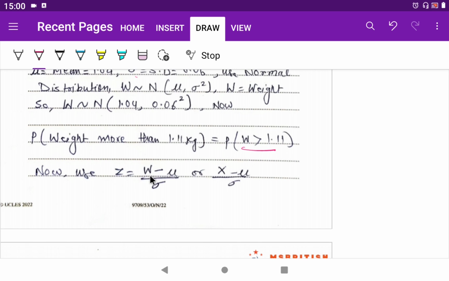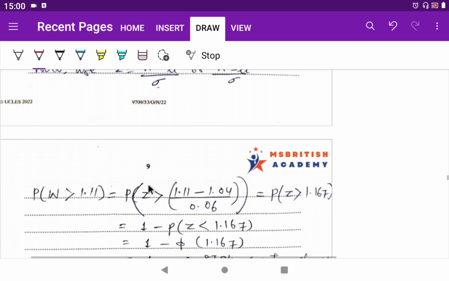So Z is (W minus mu) upon sigma, which we can use because we are using the normal distribution. So we will calculate Z, and P(W greater than 1.11) becomes P(Z greater than this value).